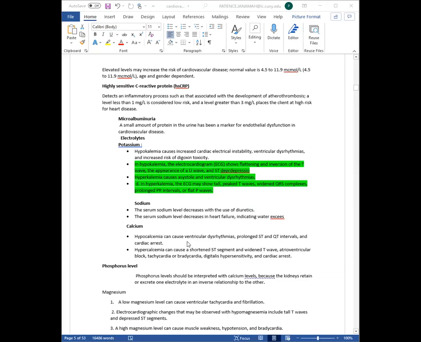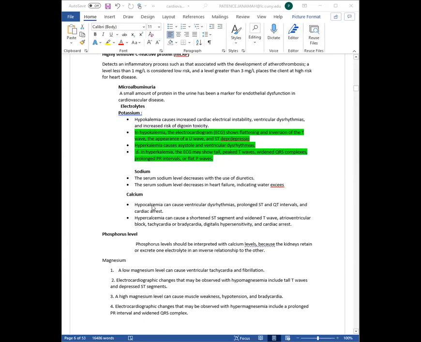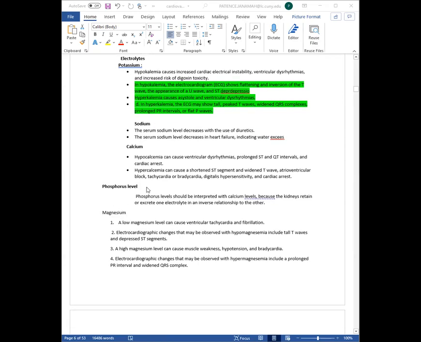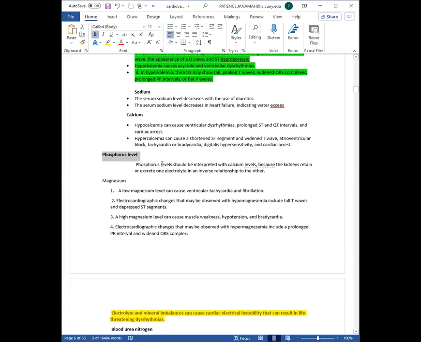We have sodium, calcium. I'm not going to tackle that. All you need to know for these ones is their normal levels. These are things they use to identify heart problems. That's why I have them captured. We have phosphorus. We use phosphorus to also measure the function of the heart. It interprets the calcium levels because the kidneys retain or excrete one electrolyte in an inverse relationship to the other.